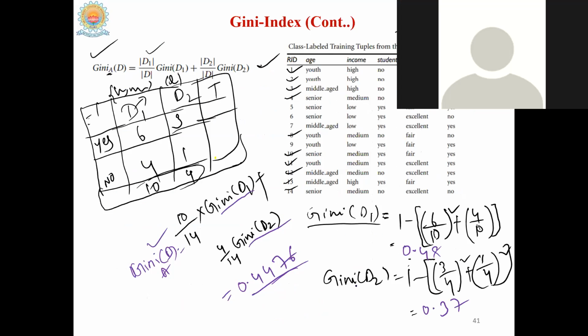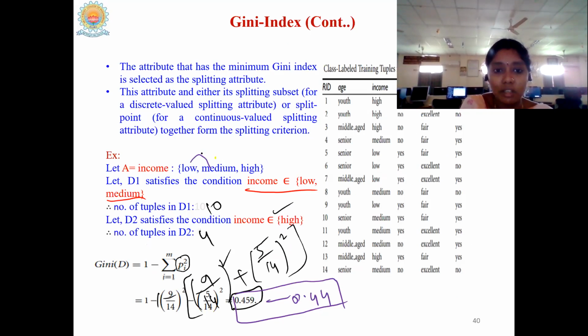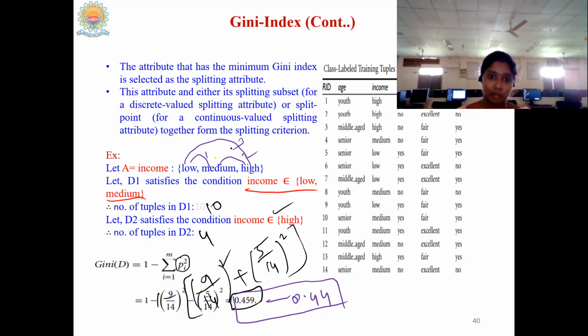Yes. This is also okay. Why? Because we need to consider each and every pair of the subsets. High, medium we need to consider. Here out of these three values, low, medium is one pair, one combination. Medium, high we need to consider. Next, this one we need to consider. Totally, we need to repeat the same process for three combinations.